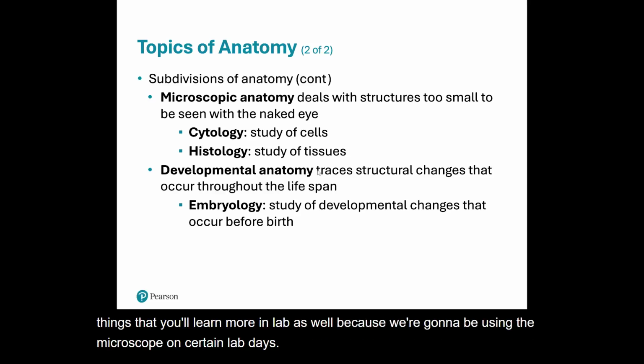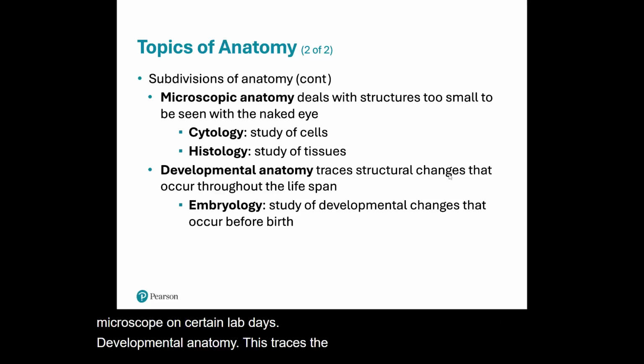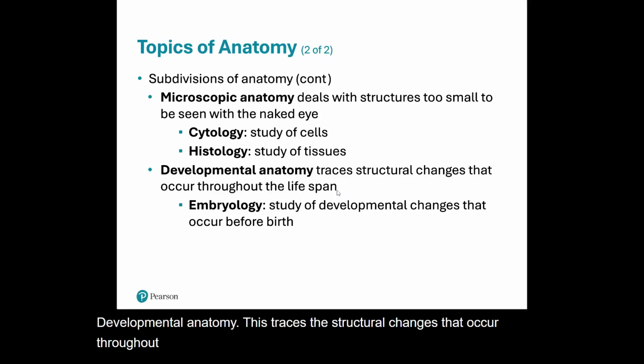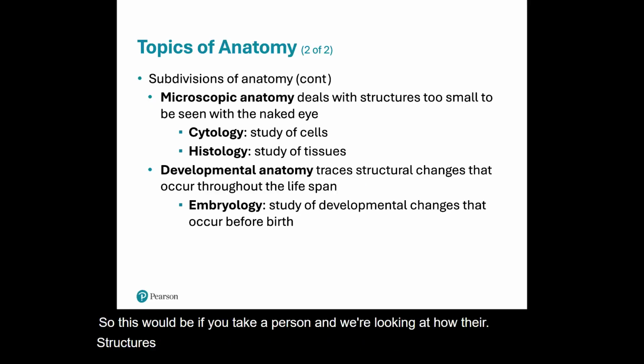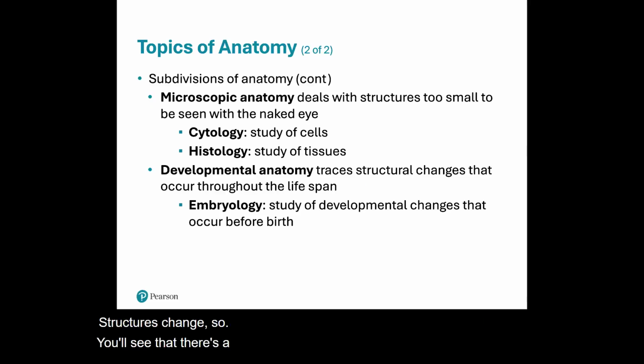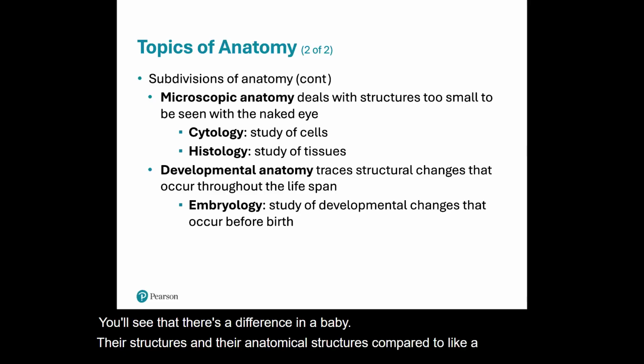Developmental anatomy traces the structural changes that occur throughout the lifespan. So if you take a person and look at how their structures change, you'll see that there's a difference in a baby's anatomical structures compared to a 10th grader, okay?